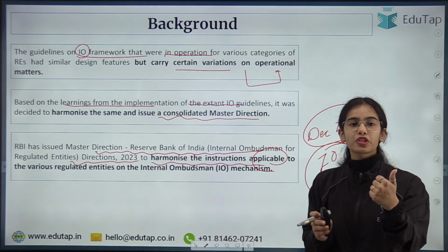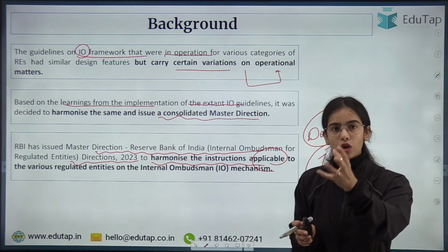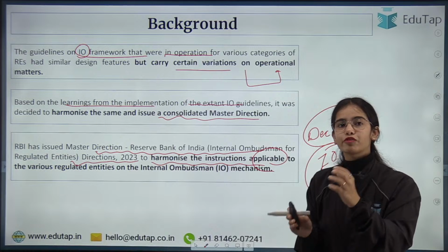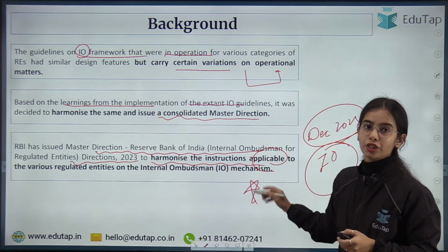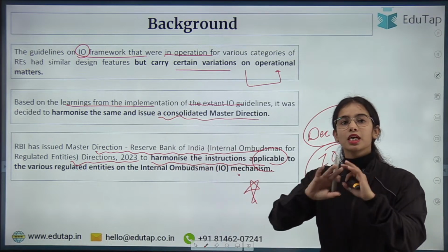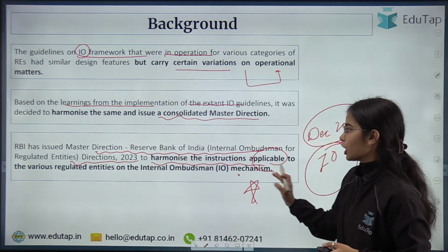So credit information companies, NBFCs, non-bank system participants, the banks, whoever is under the applicability, they all have to follow this master direction, which has similar guidelines for the internal ombudsman for any entity. Okay, so this is the idea.